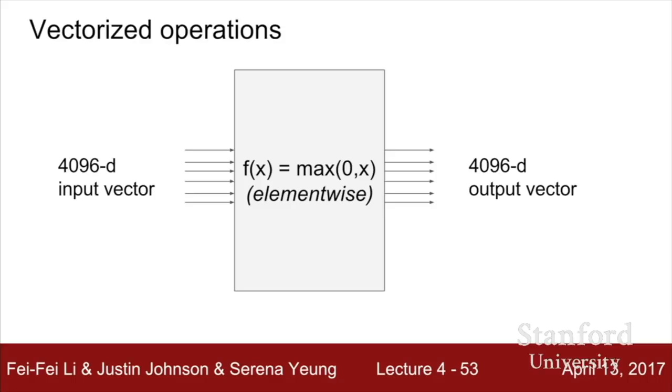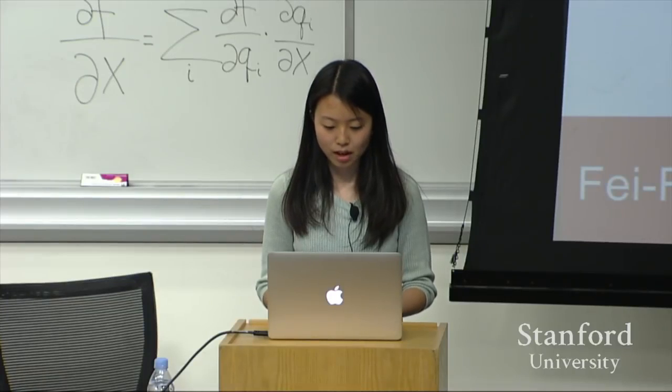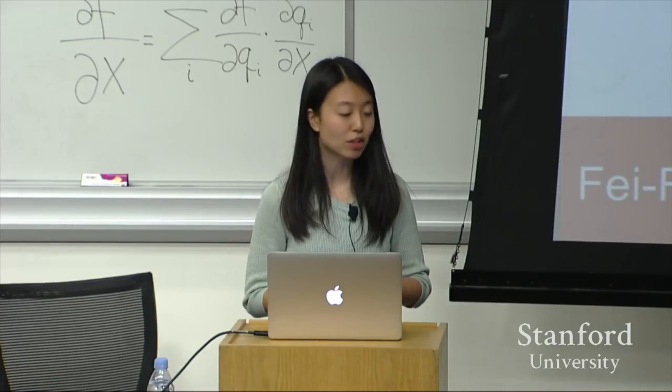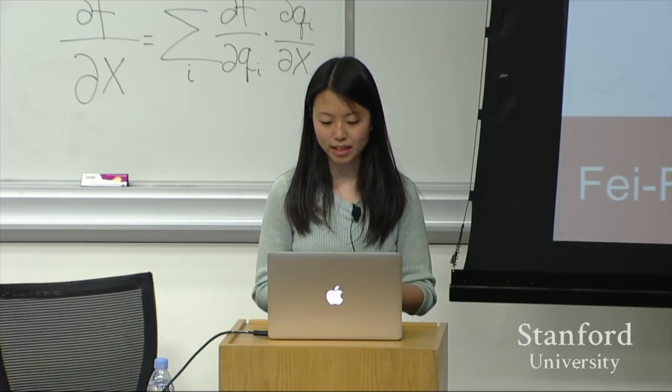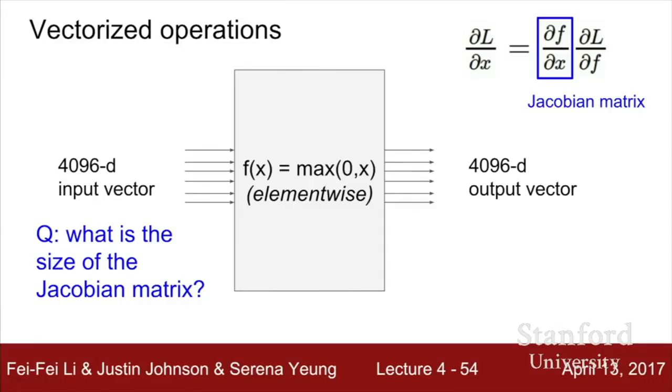And our output is also a 4096-dimensional vector. In this case, what's the size of our Jacobian matrix? Remember I said earlier the Jacobian matrix is a matrix of partial derivatives of each dimension of the output with respect to each dimension of the input.